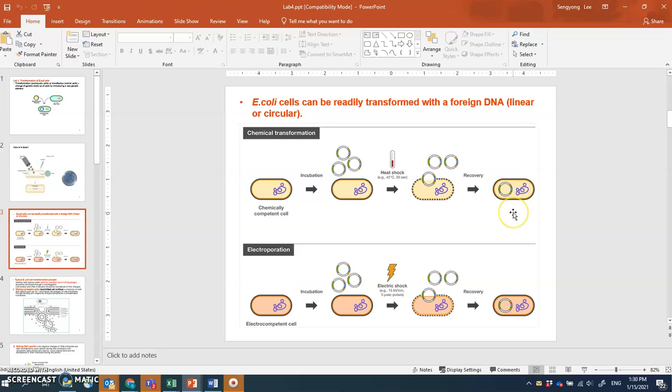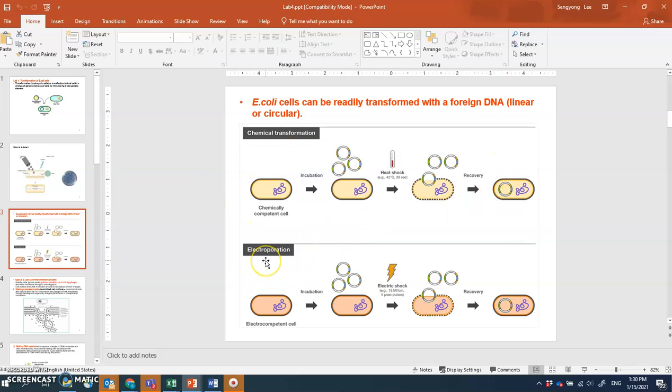That trait may be the ability to survive in the presence of antibiotics, or the ability to give no color when there is a color substrate in the medium, things like that. So that's the chemical transformation method.